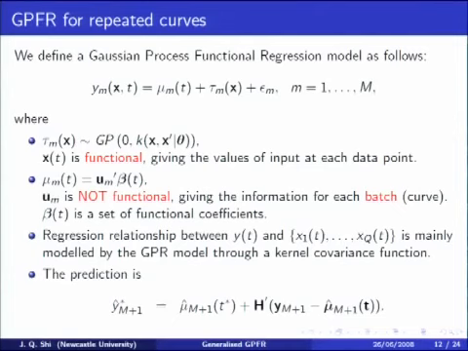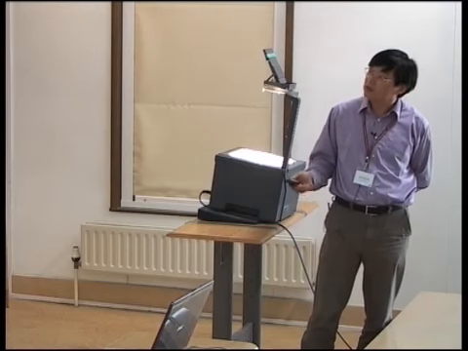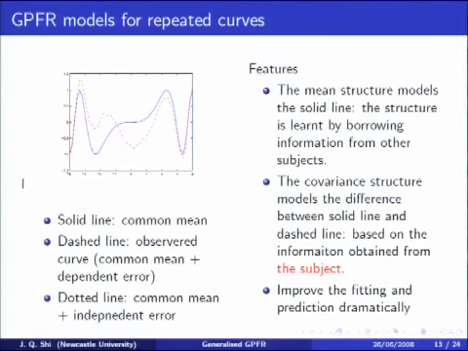This is the main part. This is just the usual way: we estimate this mean curve from those repeated curves. And this one is actually the most important part in our model. I think it's better to show you the next slide.